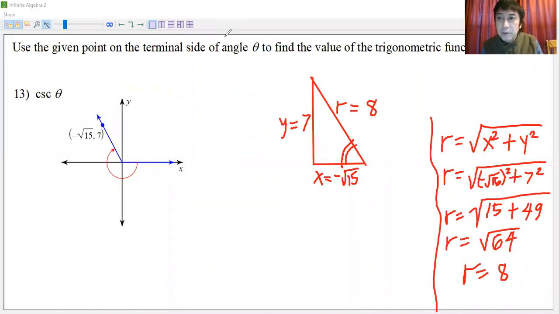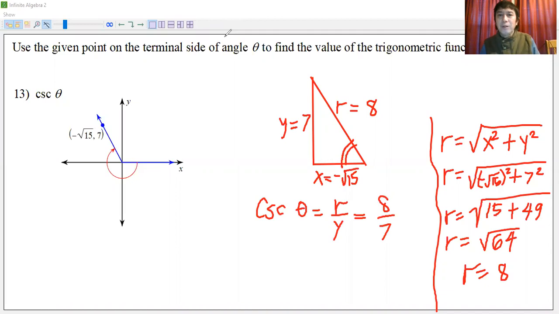The cosecant function is the ratio of the hypotenuse to the opposite side, or the reciprocal of sine. So cosecant theta must be r over y, and this will be 8 over 7.